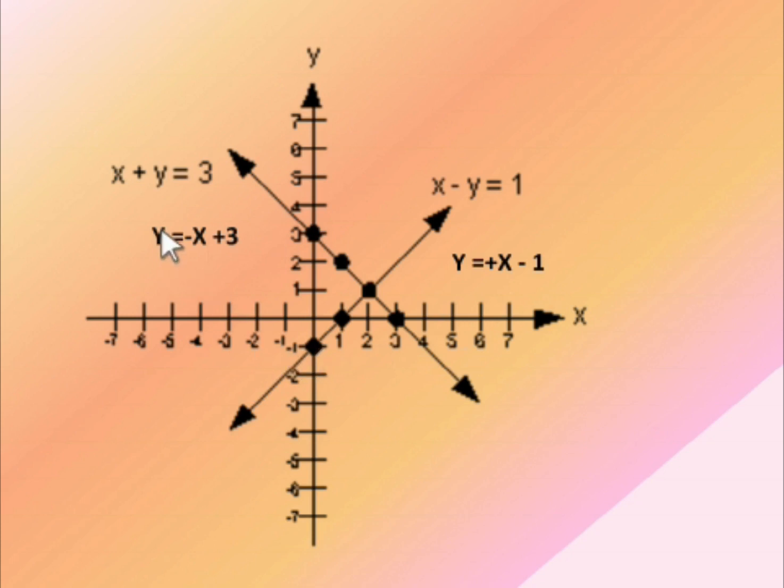Be very clear, this is called the y-intercept. The line cuts the y-axis at that point. Why? Because if you put x as 0, immediately you get y at 3. Same way, put x as 0, the line is y is equal to minus 1. This is a check of your line.